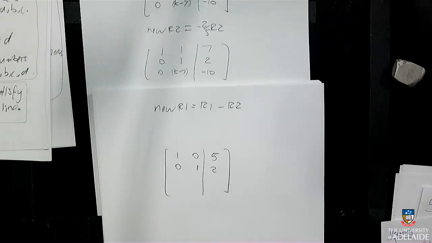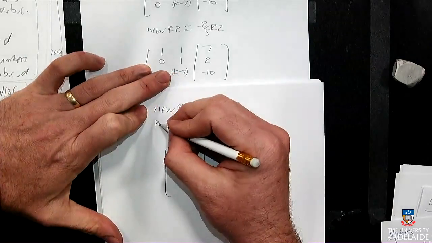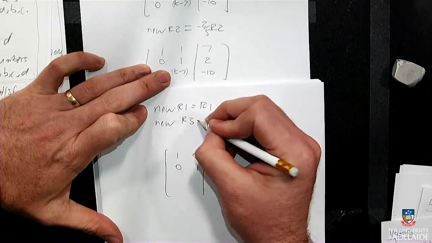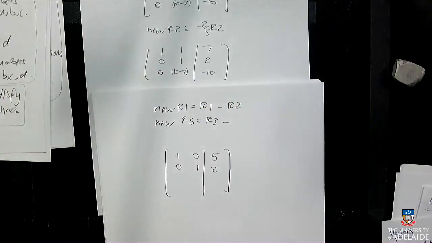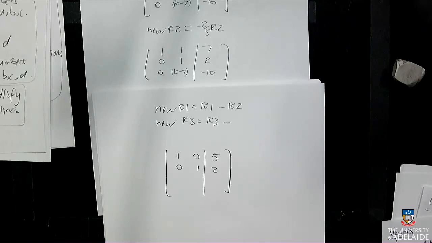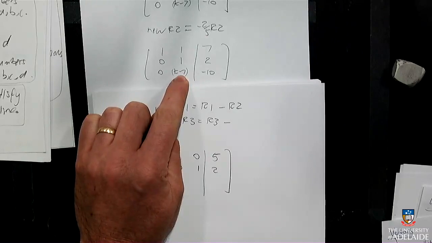Okay, cool. But I might also make a 0 down here. That's tradition. So my new row 3 is row 3 minus, well, just a sec. Just because that's k minus 7 doesn't mean I can't do this trick.